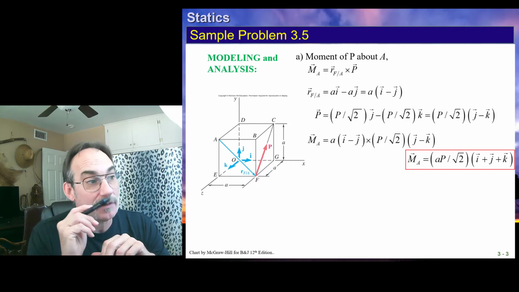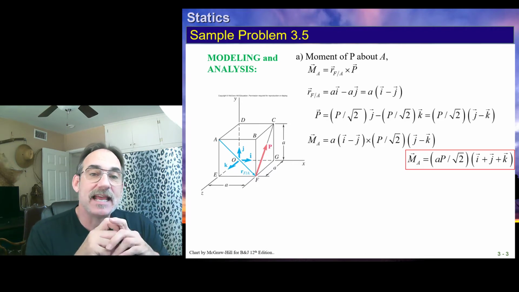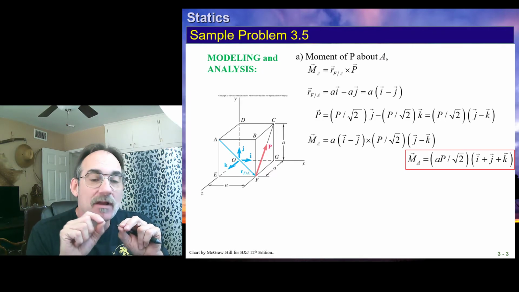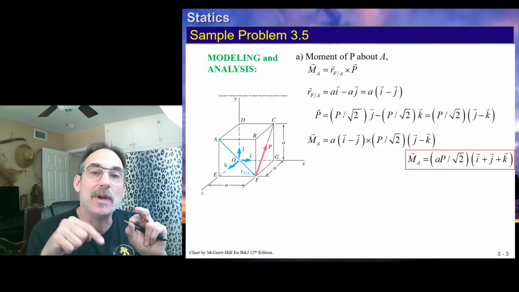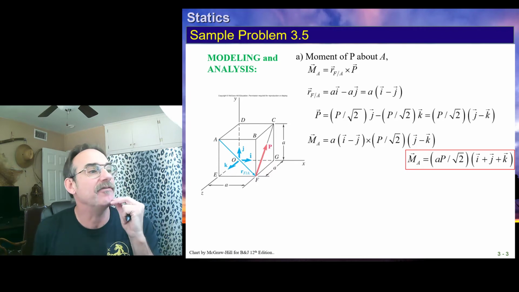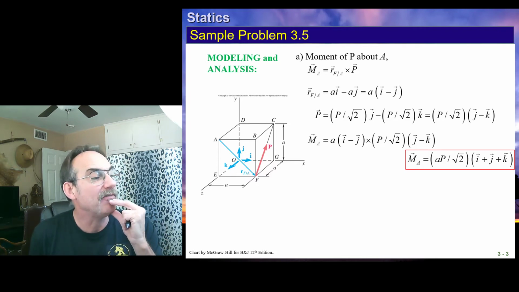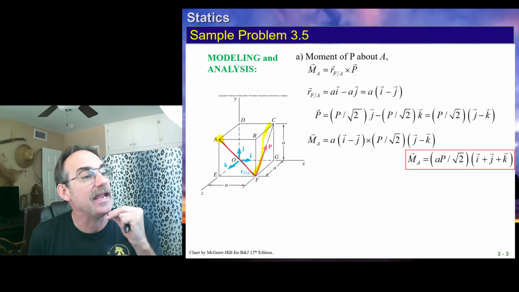What we need to do to get the moment about A is take a line segment from point A to any point along the vector F. If we take a look at the vector F, we see that it goes from here to here. We're looking for the moment about point A, which means we can take a line segment from point A to any point along F. That force F goes in this line of action, and we can actually use any line.